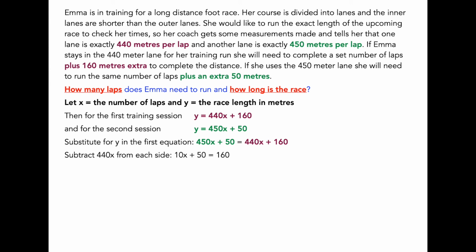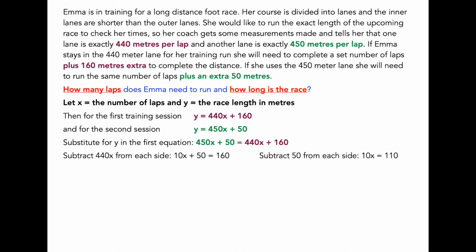And to simplify that equation, and to bring all the x values over to one side, we'll subtract 440x from each side. So 450x minus 440x leaves us with 10x plus 50 on the left-hand side, and on the right-hand side, subtracting the 440x leaves us with 160. So our equation is now 10x plus 50 equals 160.